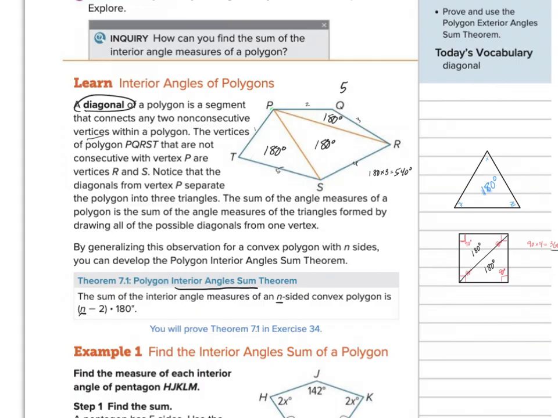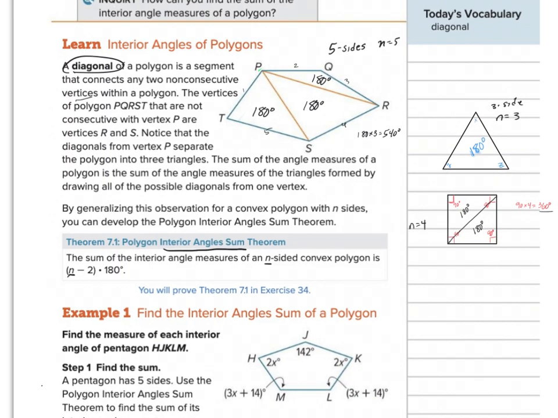This was 5-sided, so n equals 5. A triangle is 3-sided, so n is equal to 3. And then of course my rectangle or my square, n would equal 4. So that will give us the information we need.